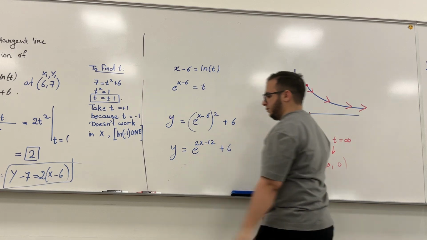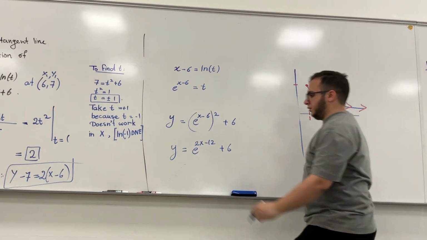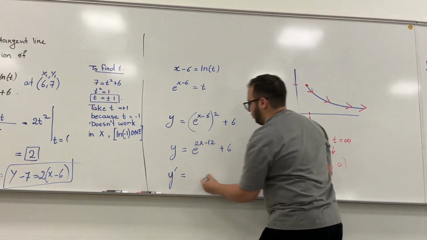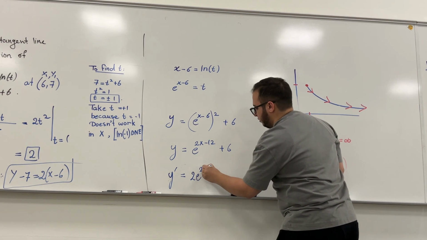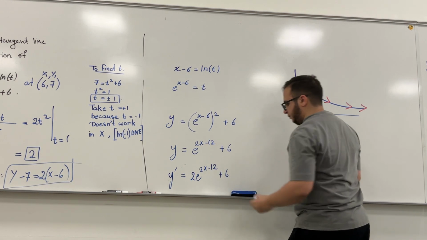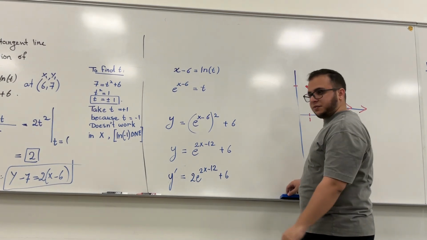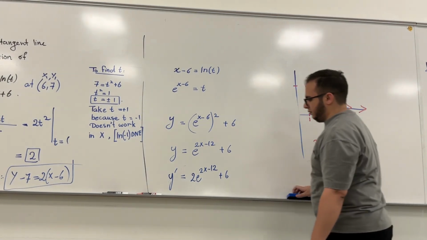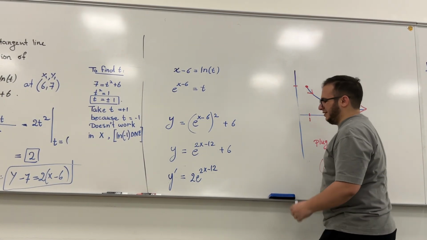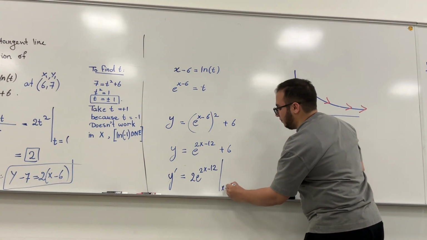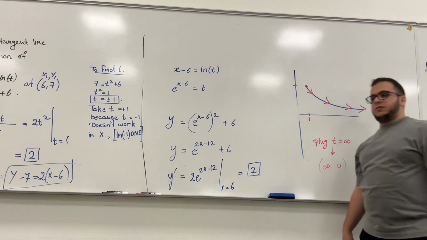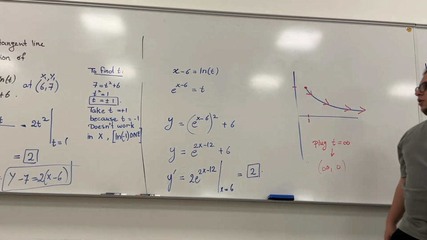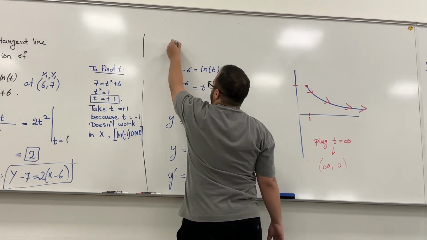And then you want to take the derivative of this, to find the slope, for example. So what is the derivative? It's itself times the derivative of the power. And then you plug the x value, x equal 6. So you get 2.